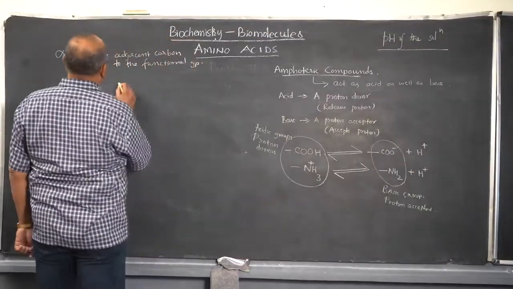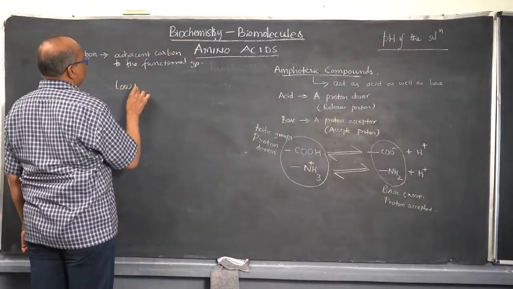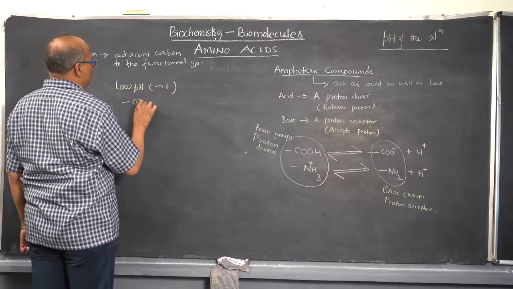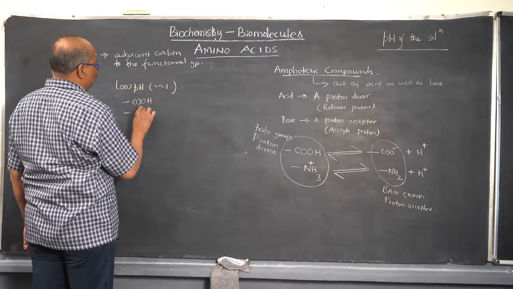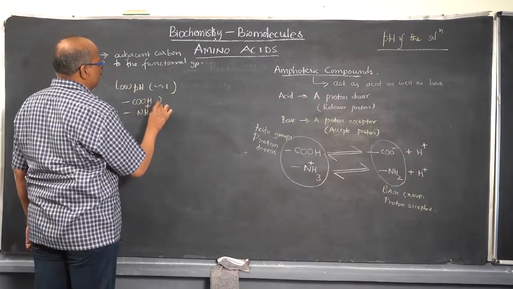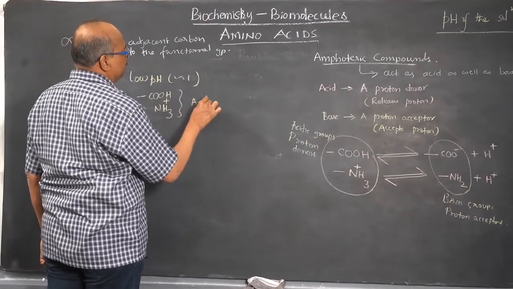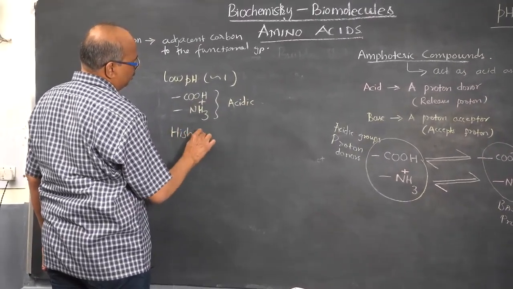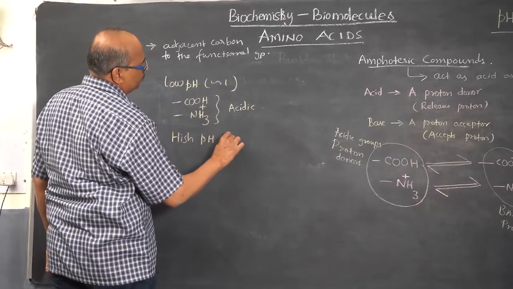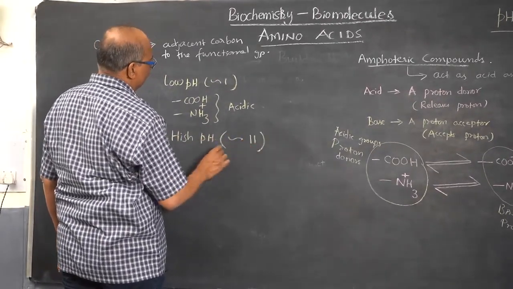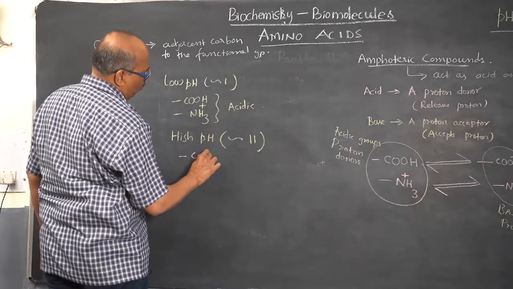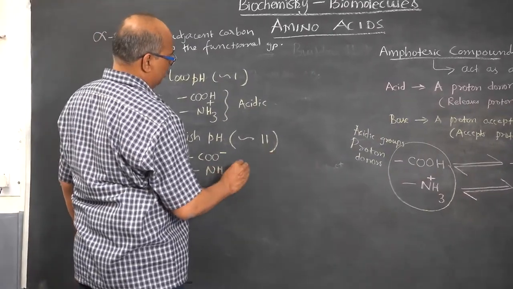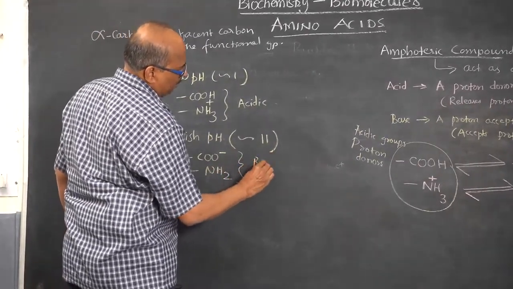So when you have low pH, that's close to 1, carboxylic group will be COOH, amino group will be NH3 plus, both are acidic. When you have high pH, carboxylic group will be COO minus, amino group will be NH2, so both are basic.